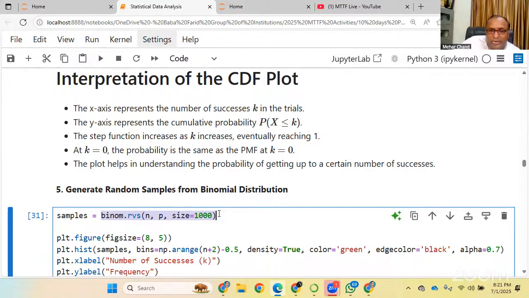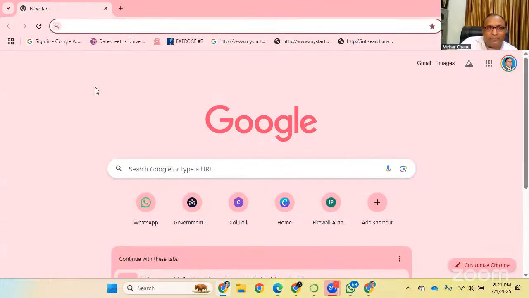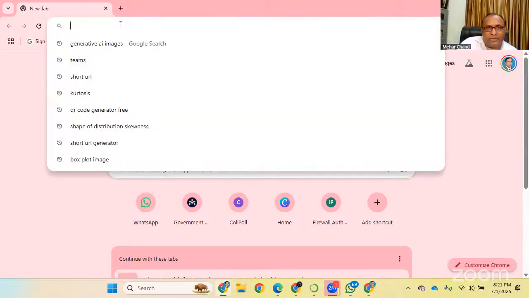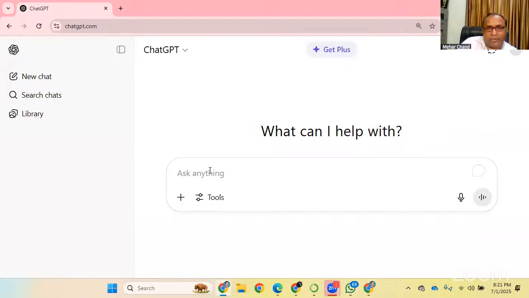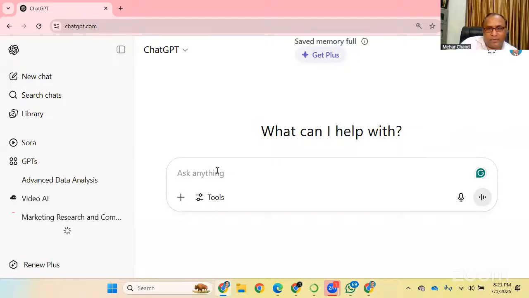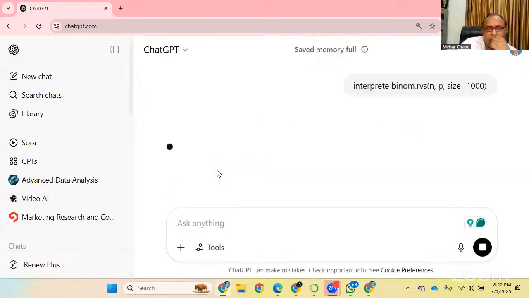So we can take help from generative AI by using ChatGPT. Here you can write, interpret this statement.